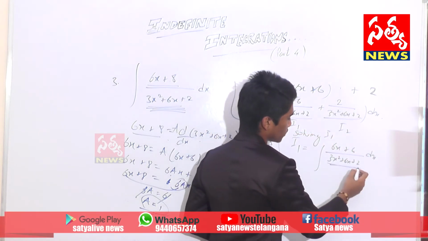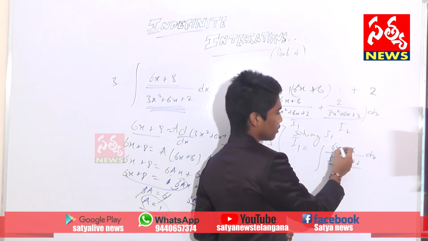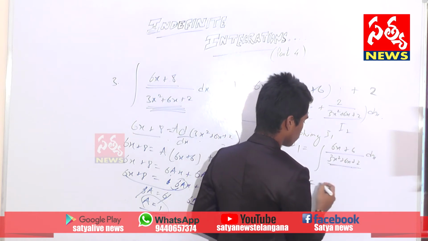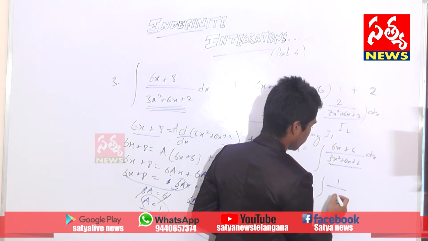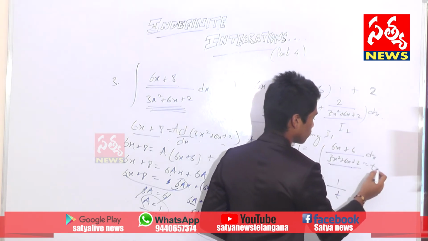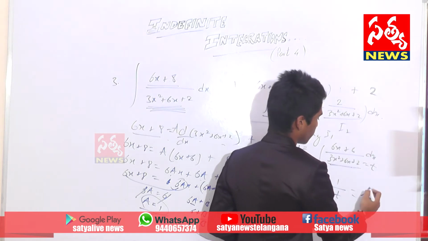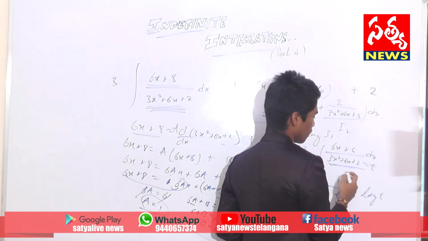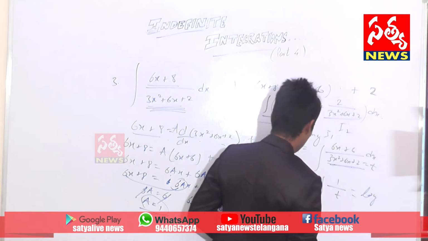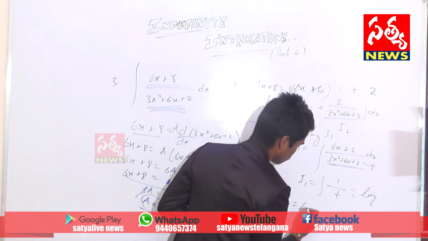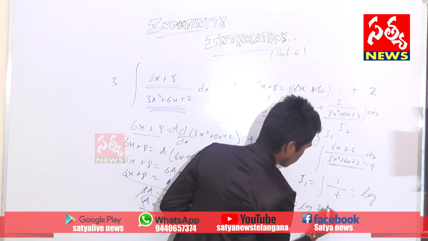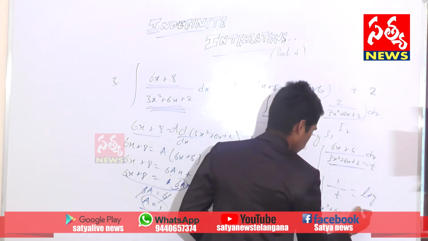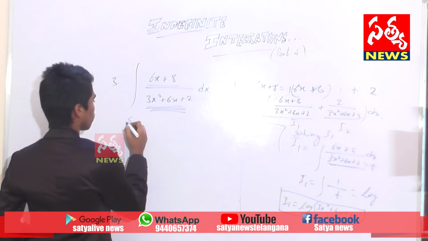So if we take the whole denominator as t, we get the numerator as its differential part, and finally we get 1 by t, and integration of 1 by t is log t. In place of t, again we have to substitute the denominator. So finally we get I1 equals log of 3x square plus 6x plus 2. This is I1. Now solving I2.